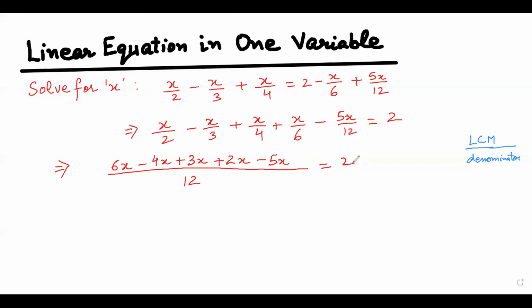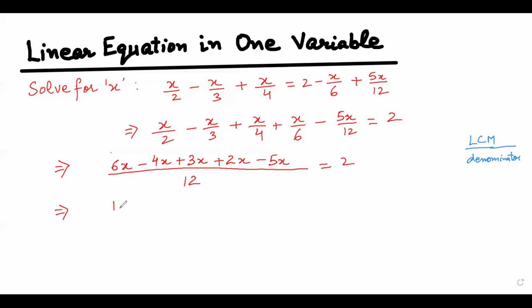So we have combined all the fractions, and all these are like terms, so we can add them. You can do it by any method, but we normally add the plus terms 6, 3, and 2.